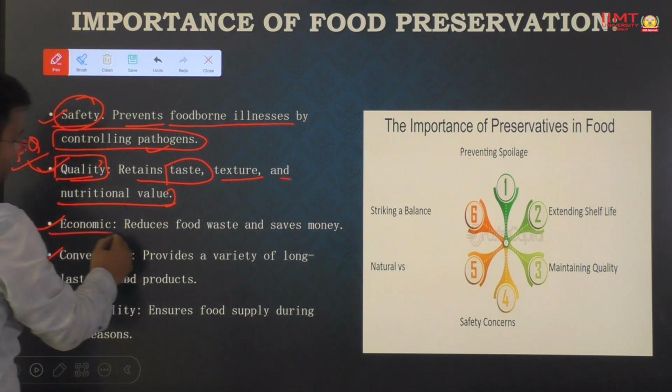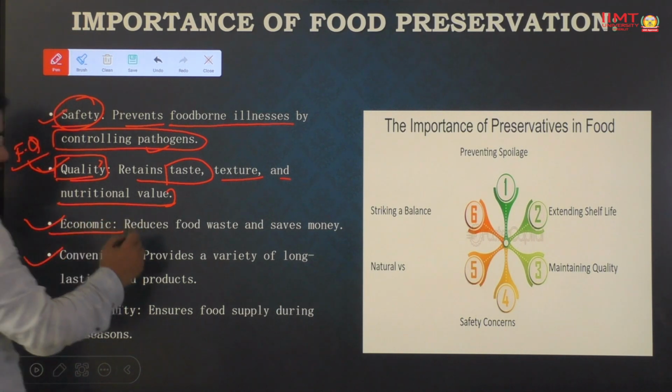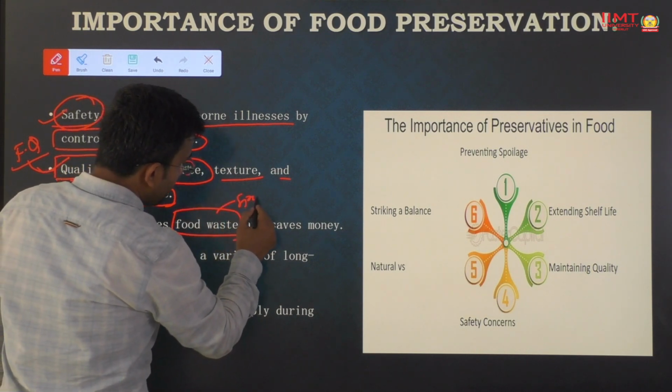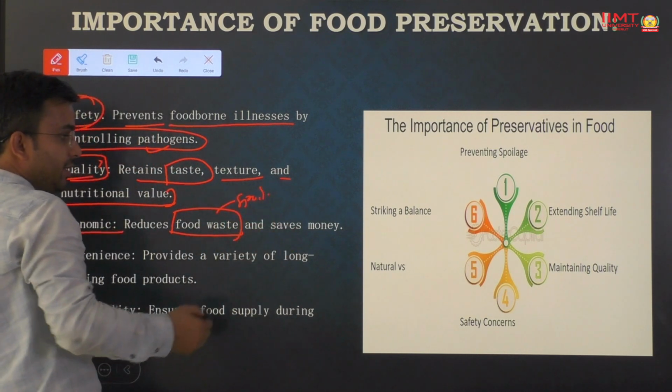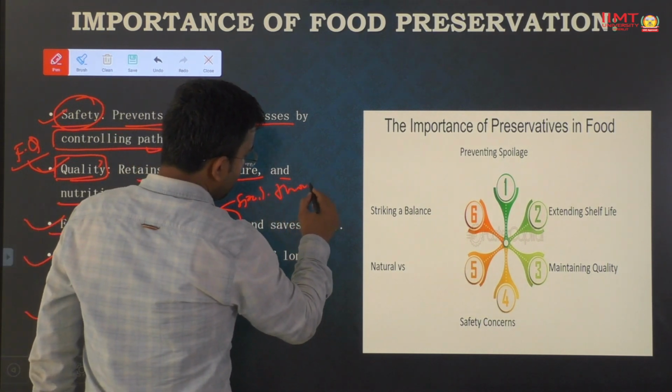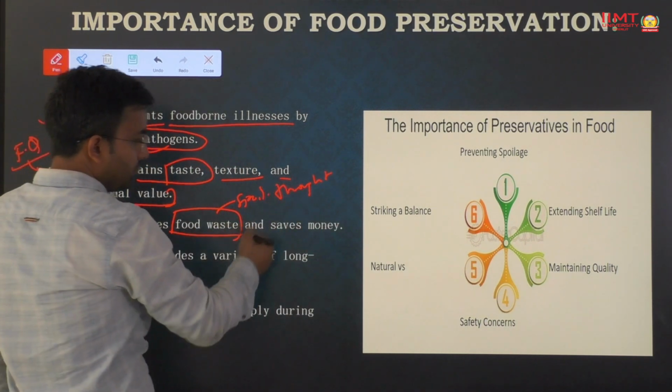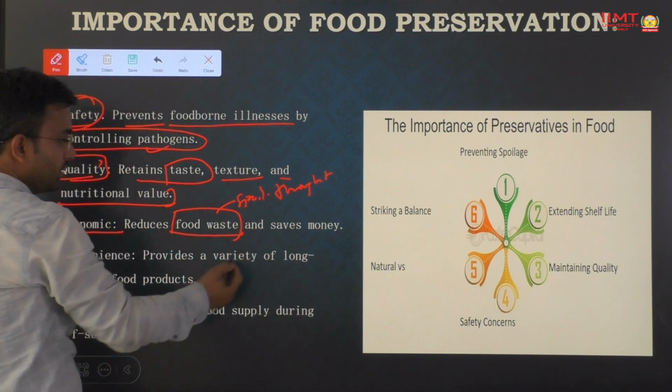And here is economical. Economical is also about the impact of food waste. If our food is spoiled, we will definitely throw it, so it means we waste the food.